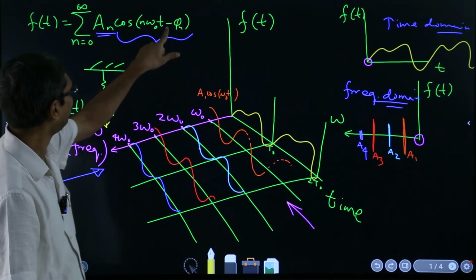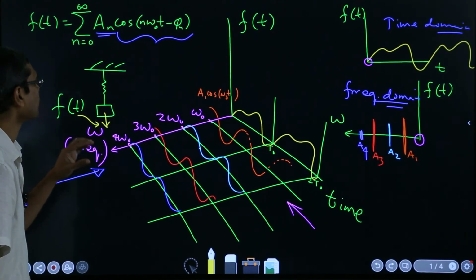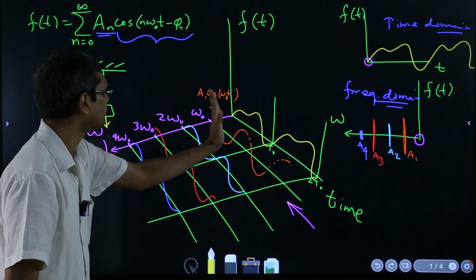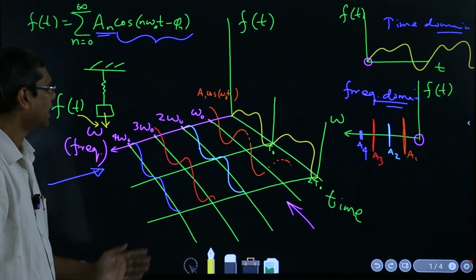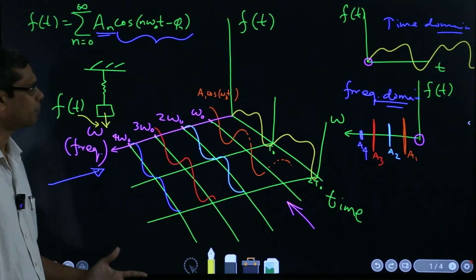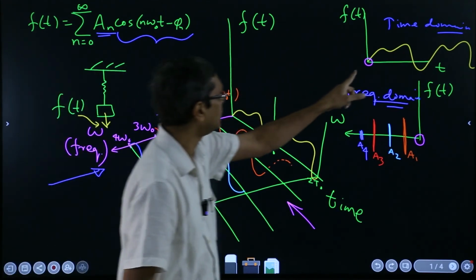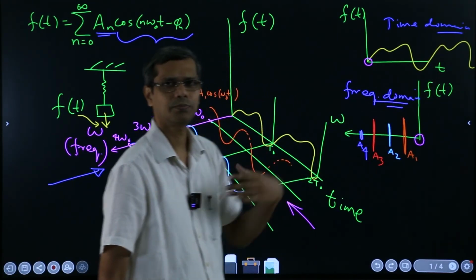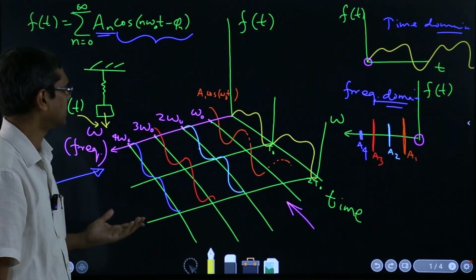Only thing is that the phase also needs to be considered here. Once you get the answers for all these split questions, you sum them up, and you get the answer to what my output will be if I apply this time function.